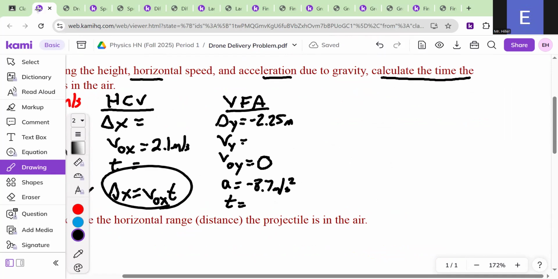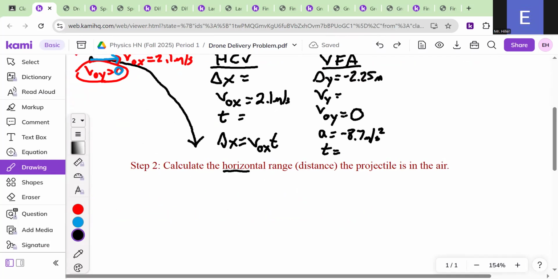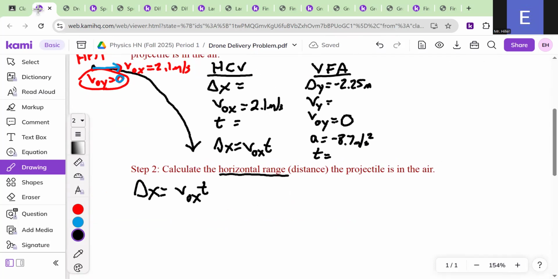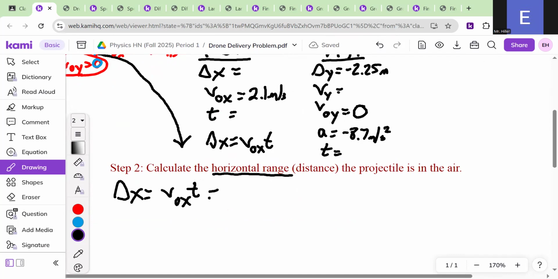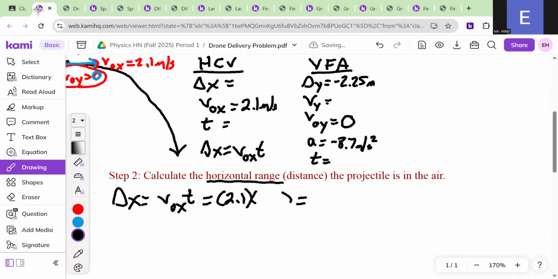It's your constant velocity equation applied to projectile motion. But I don't have the displacement here, so I can't really use this equation yet. But you can see I'm going to need it here in step 2 once I find the time. So I'll keep that in my hip pocket. I already know that the horizontal speed is 2.1, so I just need to figure out what the time is, and I'll have my horizontal range, my distance.